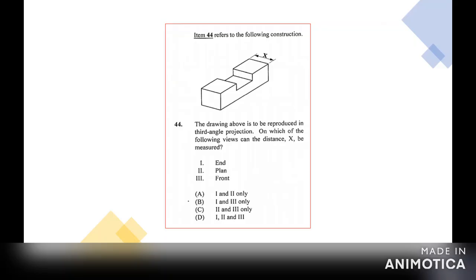So in the 44, in the plan view, you will definitely see X, and in the front view, which is the one on the left side of your view, you would see X also. Okay, you will not see X on the end view, which is on the right hand side. Okay, so the answer would be C. The answer would be C. So the plan and the front.